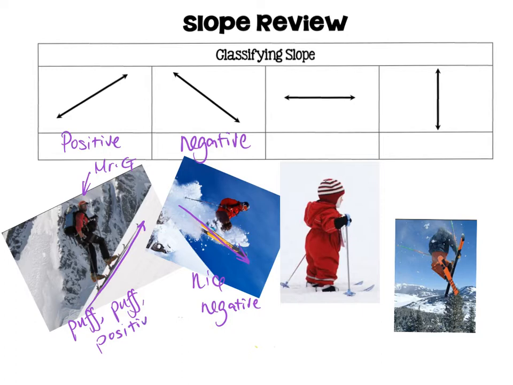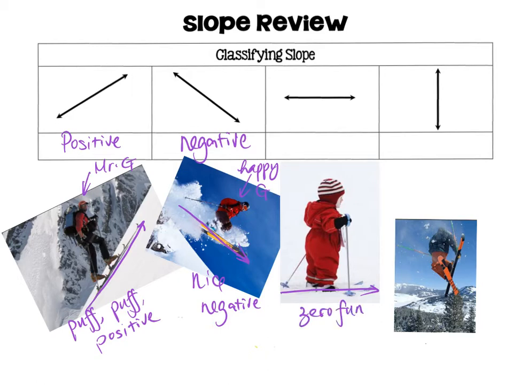Nice, nice, negative. That's when he's all happy. And right here we have a very happy Mr. G. And then he reaches the flat part and he says, this is zero fun.